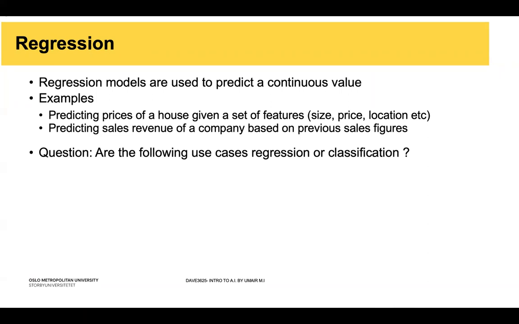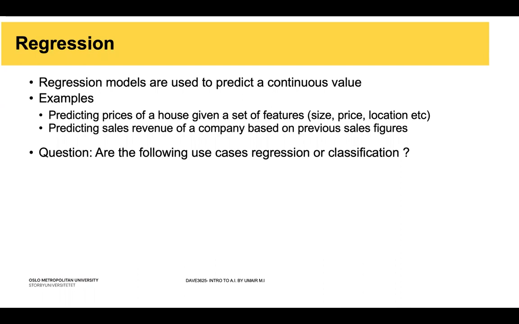Previously we were doing classification, right? We were deciding if this is a cat or a dog. But if you want to predict a continuous value, it would be predicting the price of a stock or the price of a house. If you want to predict the weather, what degree the weather would be tomorrow, that's also a continuous value. So regression always applies to a continuous value.